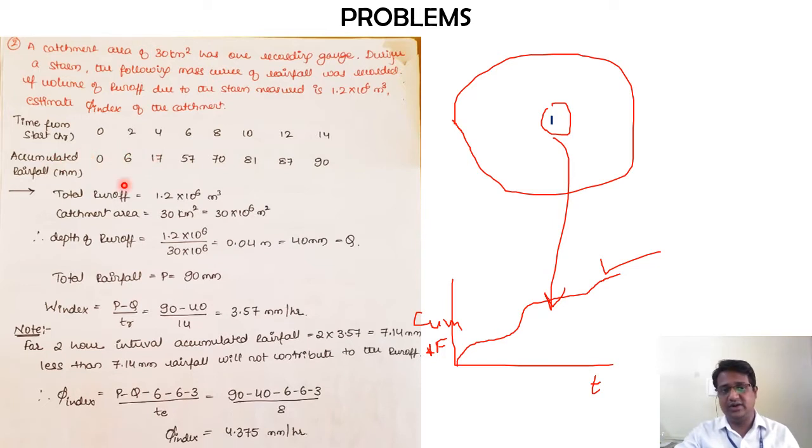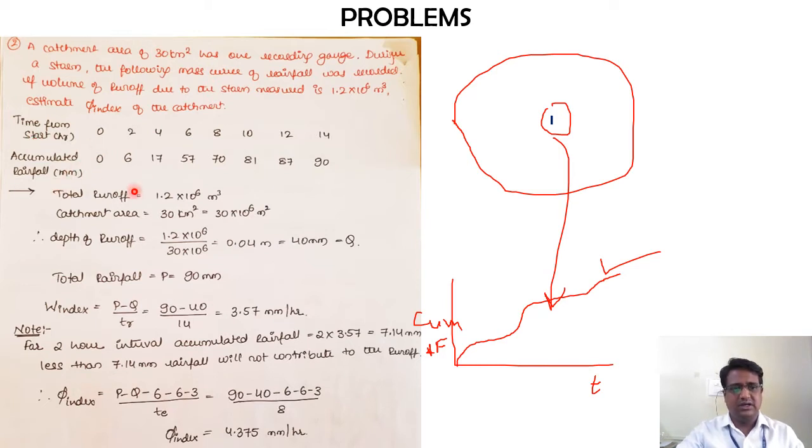In the previous problem, they had given the data with respect to 1 hour intervals, but in this problem they have given the amount of rainfall in terms of 2 hours. Because of that there will be a bit of difference that I would like to tell you shortly.